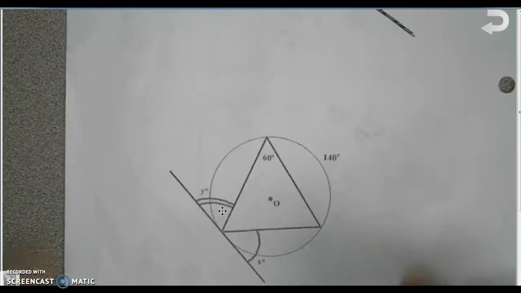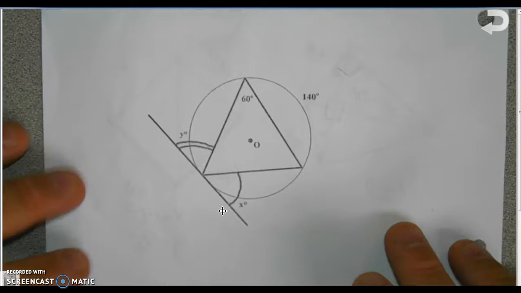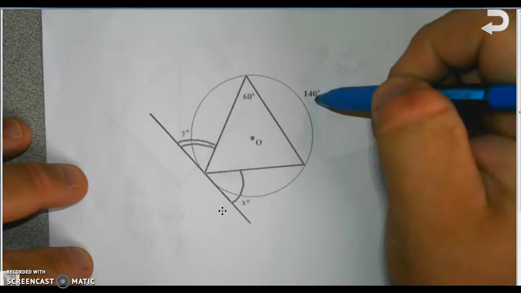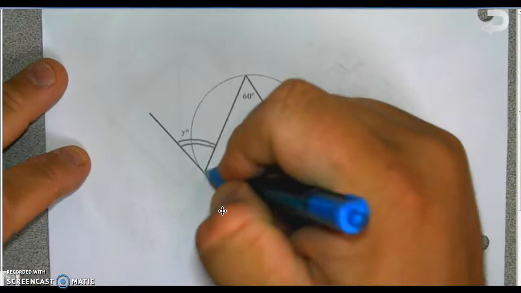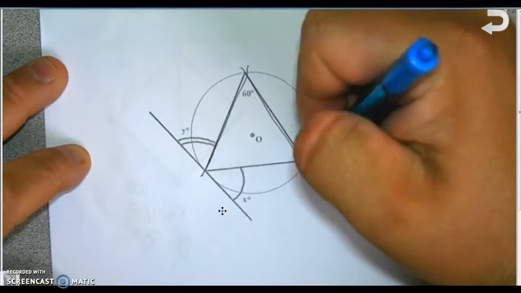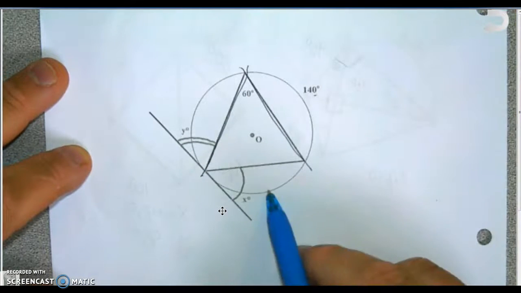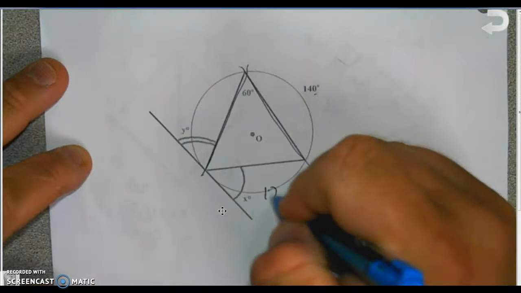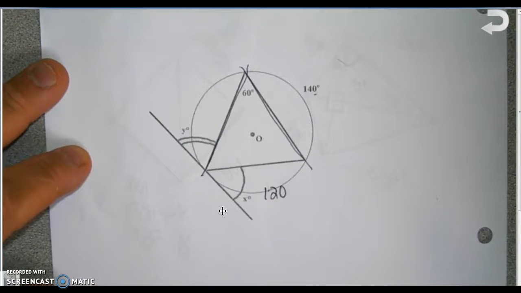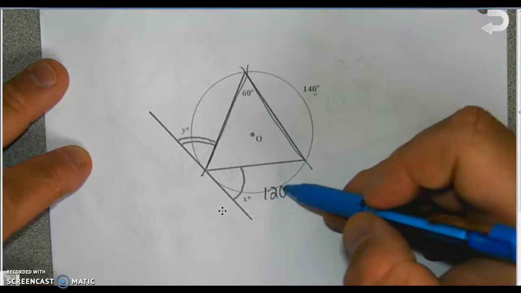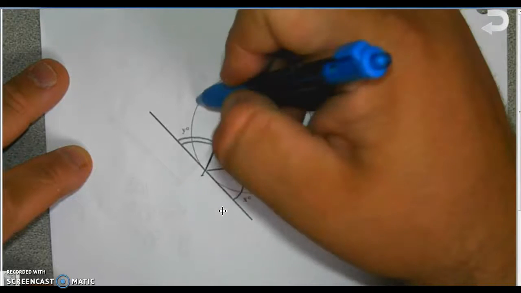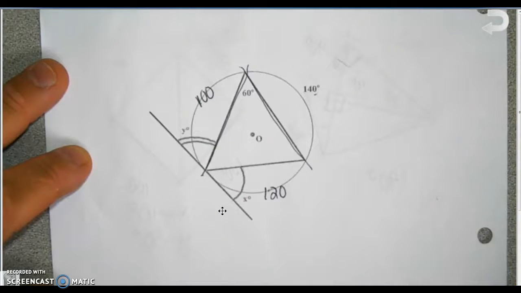So in our final example here, we know this arc is 140. This angle intercepts this arc, which makes this arc 120. Since there are 360 degrees in a circle, we also know that this arc is 100.